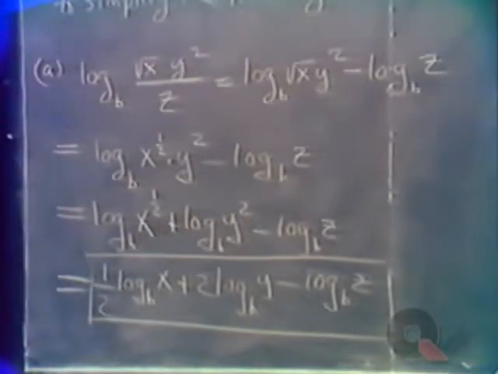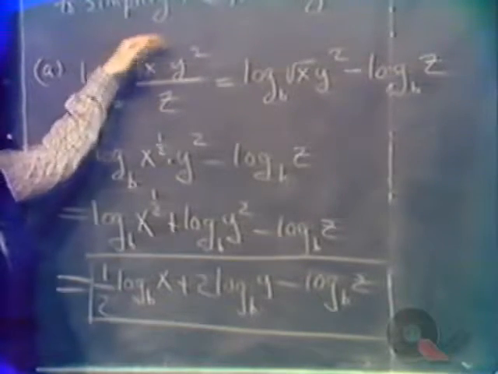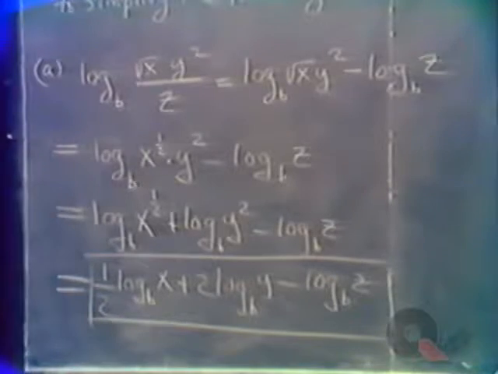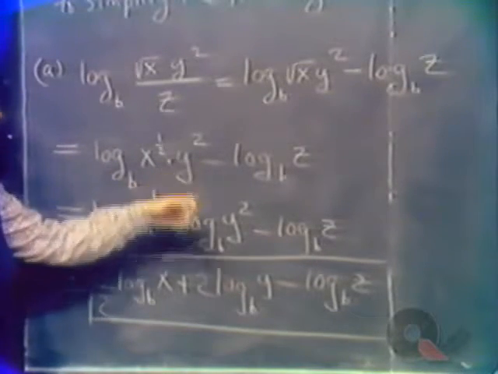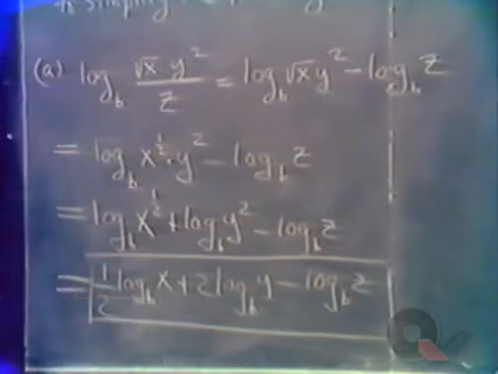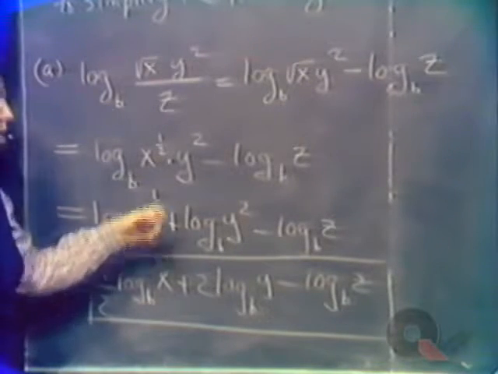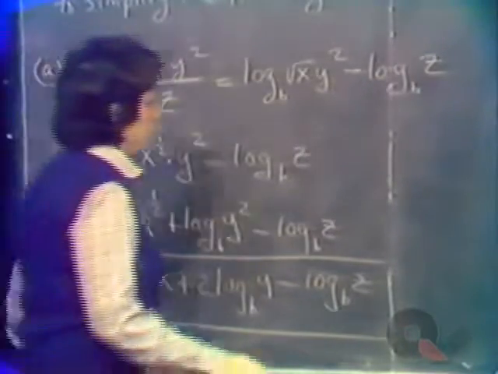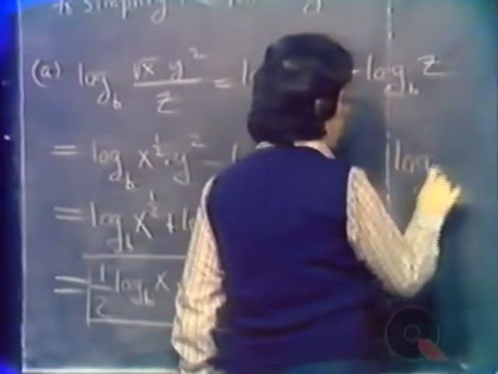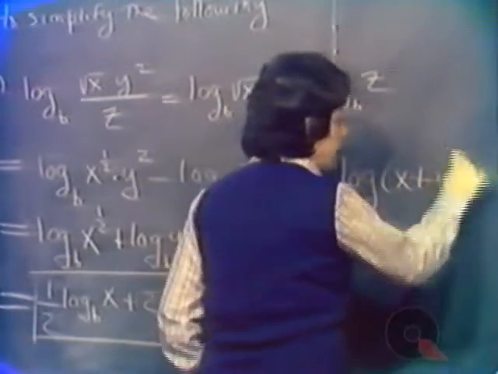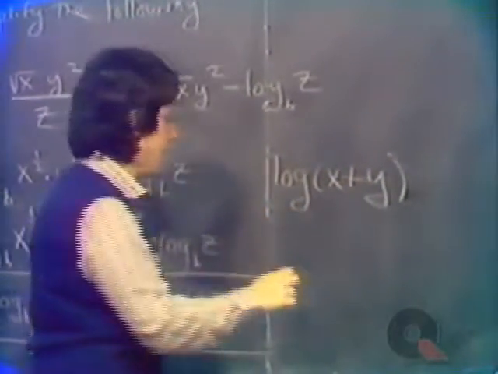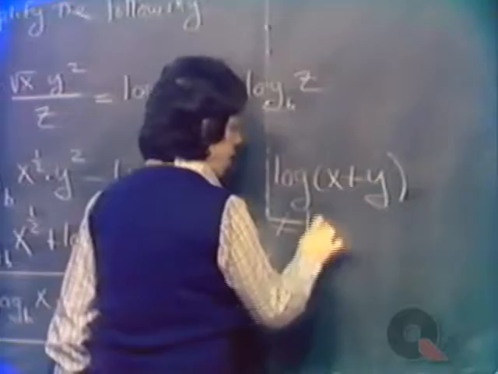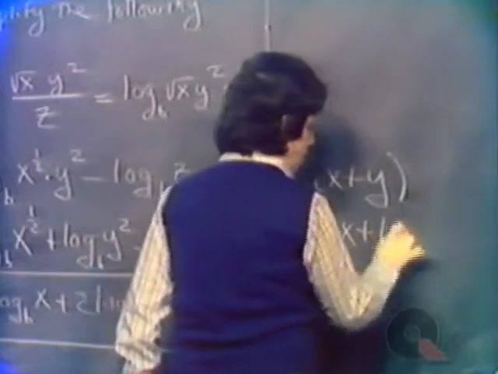Written out. Okay, so once again, remember the log of a fraction is the log of the numerator minus the log of the denominator. The log of a product is the sum of the logs of the factors. And the log of something to a power is the power times the log of the something. I just want to point out something to you. If you have, for example, the log of x plus y, this cannot be written as the log of x plus the log of y.